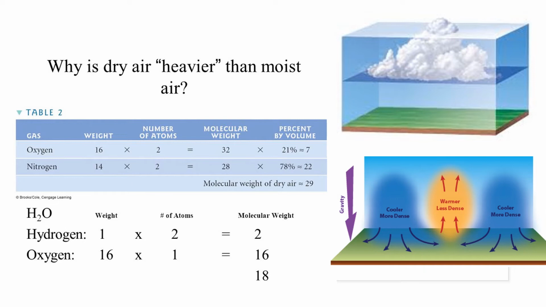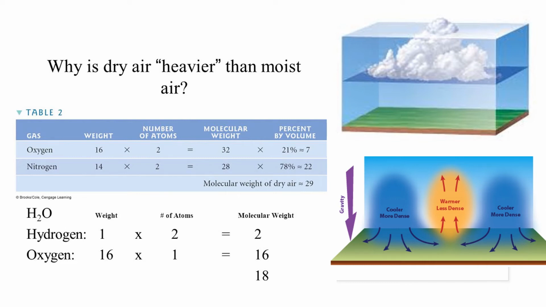So that gives water vapor a molecular weight of 18. 16 plus 1 plus 1 is equal to 18. Obviously, air at nearly 29 weighs appreciably more than water vapor. So air consists of oxygen and nitrogen, with a molecular weight of 29, and water vapor has a molecular weight of 18. So air would be heavier than water vapor.